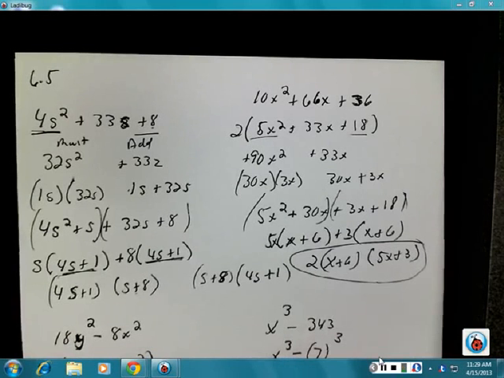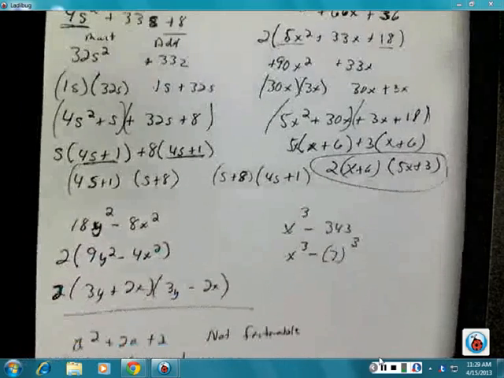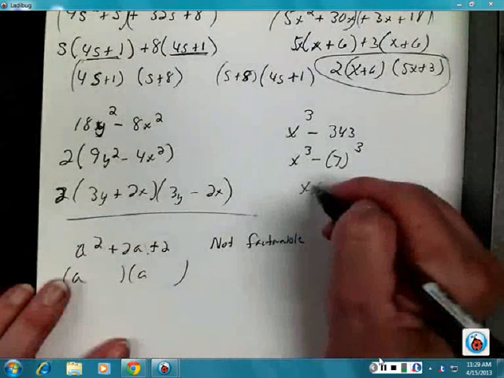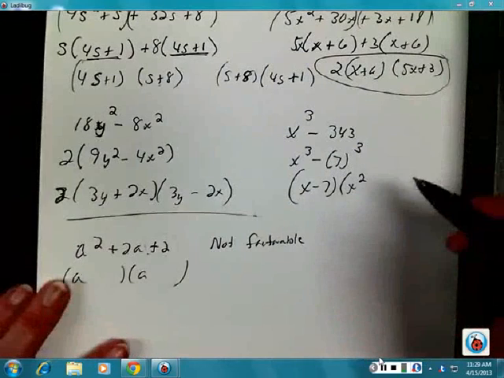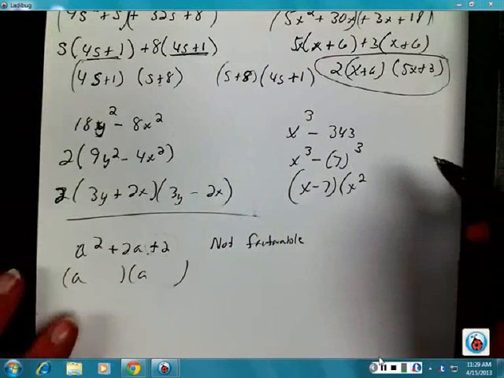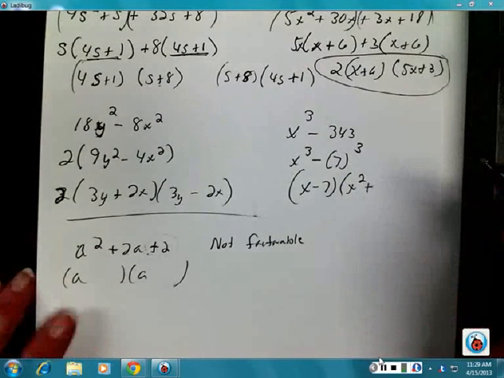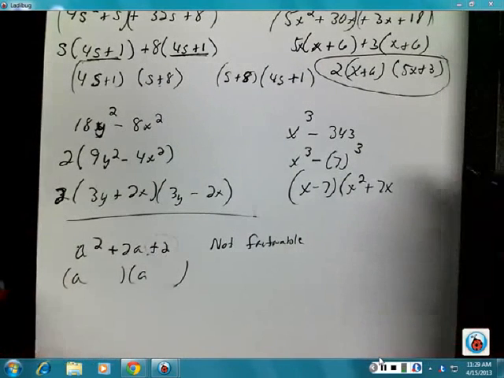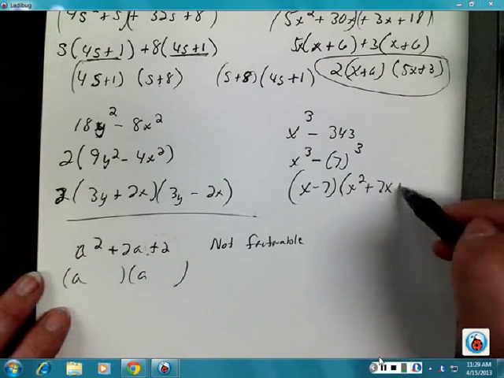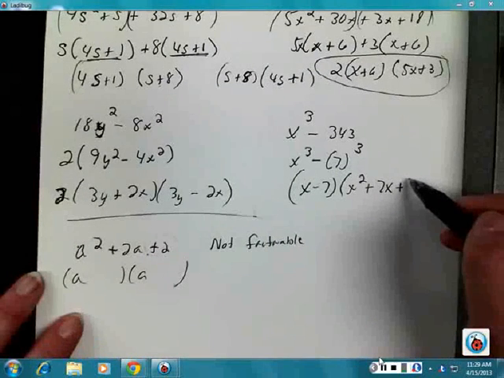So x cubed and then 7 cubed. What does that factor to? x minus 7, then you want x squared plus x times 7, 7x, and last, plus 7 squared, which is 49.